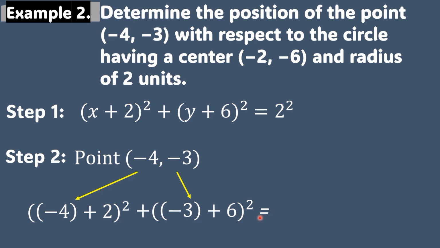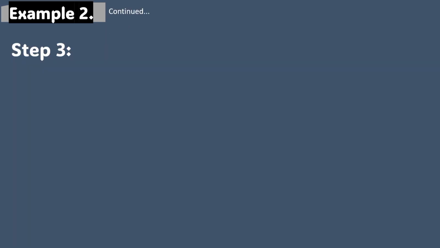This is -4 plus 2 is -2, -2 squared is 4, and then -3 plus 6 is 3, 3 squared is 9. So 4 plus 9 is 13.